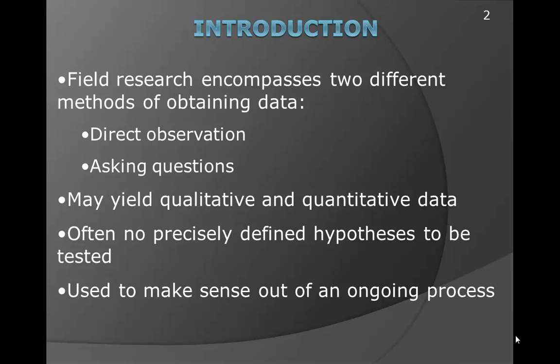Field research is not a rigid form of research, and it can change and flow. We need to take into account things such as time of day, location, where our observations take place, and from that we try to make sense out of an ongoing process. So, for example, we may want to do an analysis of cars parked in shopping malls.